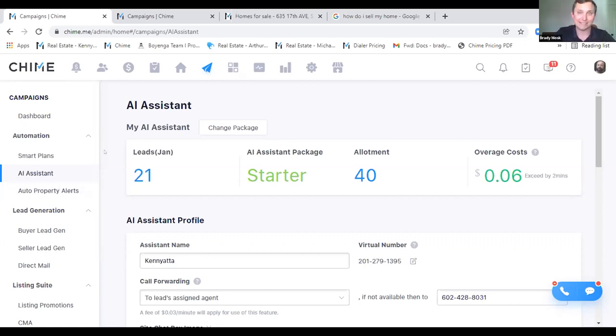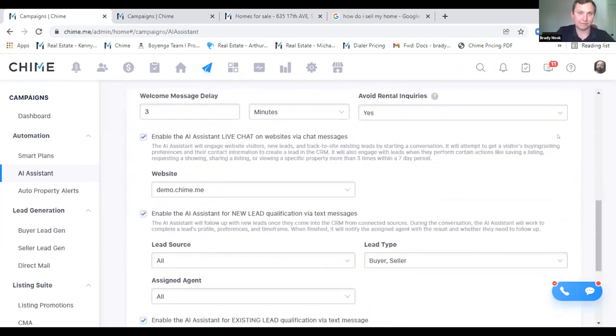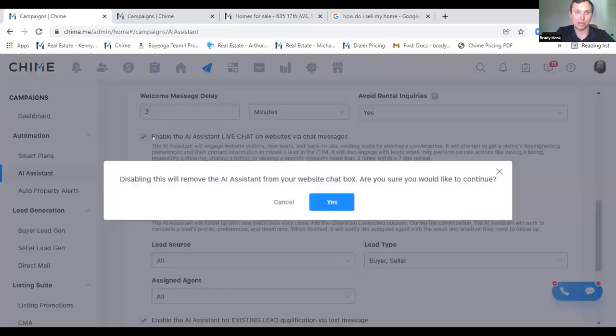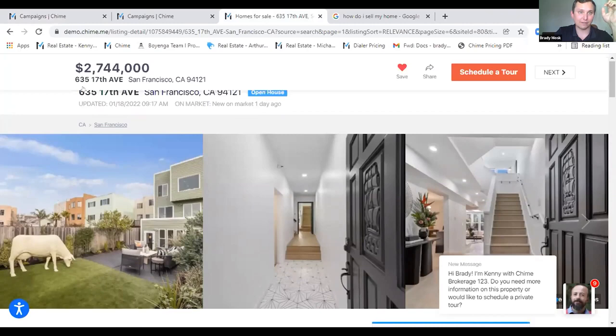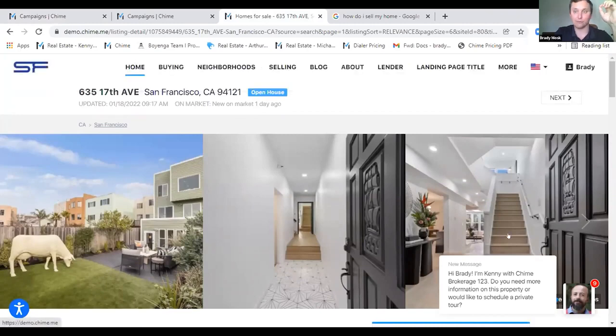The AI assistant is designed to accomplish two things. Number one is it's going to engage your website visitors in a live chat function on site. Don't mean to disable that, want to keep it running. So that means as soon as somebody clicks on an ad and visits your website, AI is popping up and it's having a conversation with that website visitor for you.